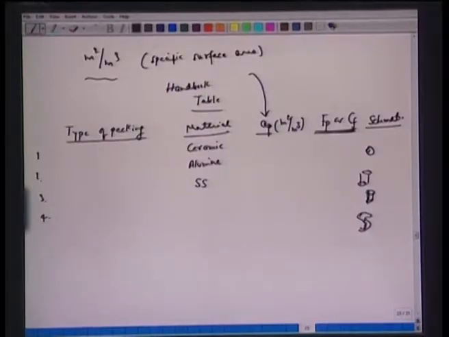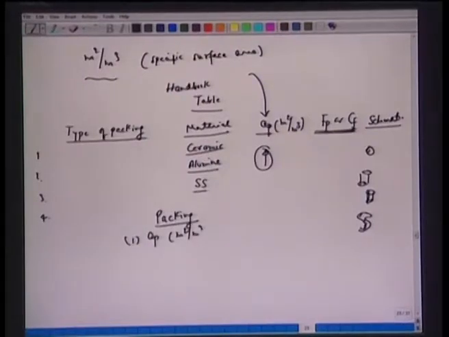All right. So typically, whenever you choose the packings, of course, one favors very large meter square per cubic meter, but there are also important things to note here, that these are also design considerations. For example, when you choose a packing, what are the things generally one looks for? One would be of course AP, meter square per cubic meter. So it should give us a reasonably large contact area.